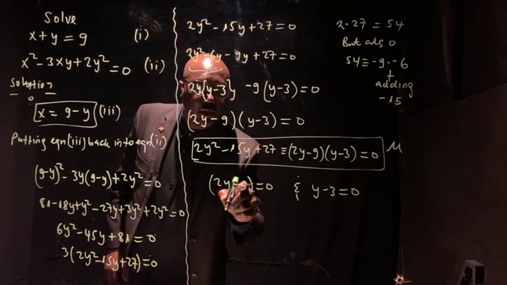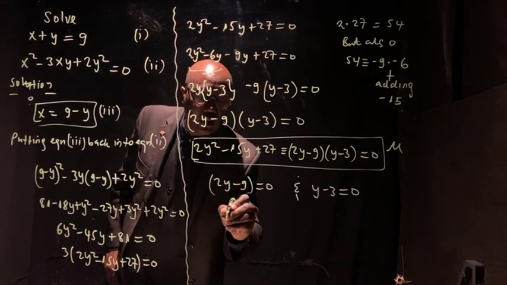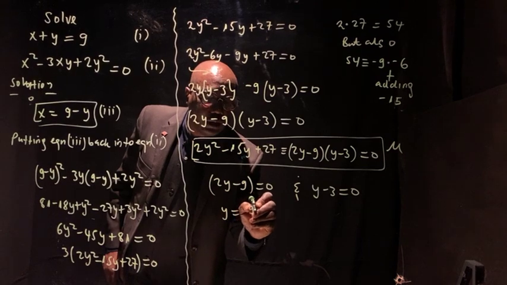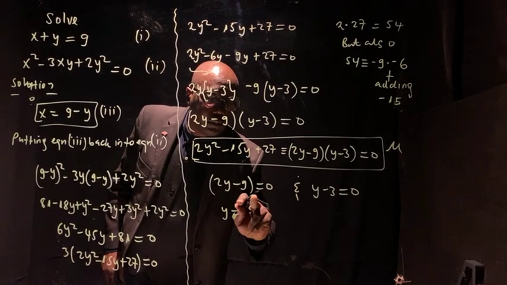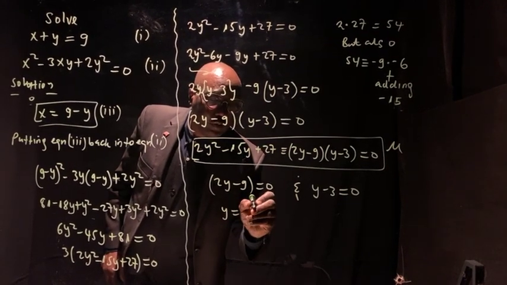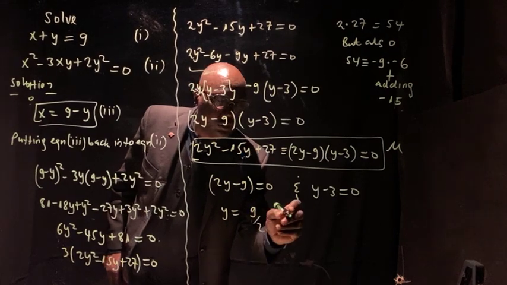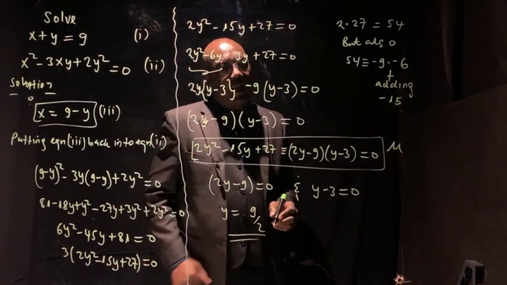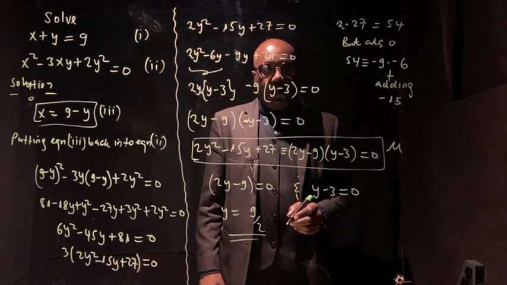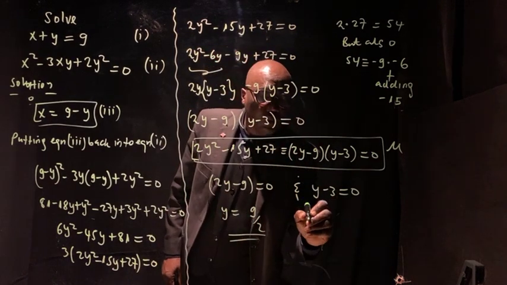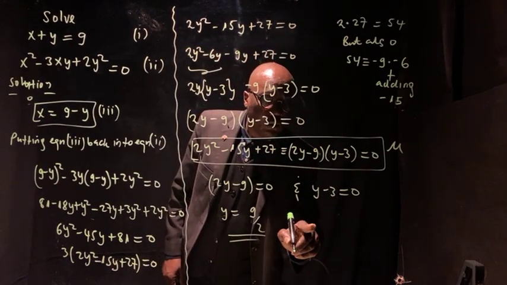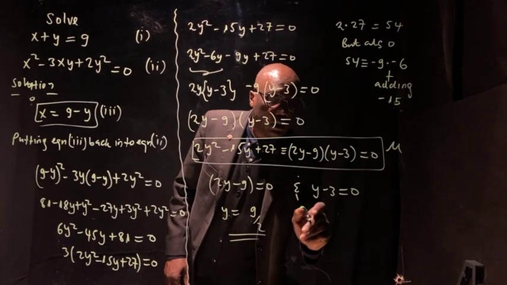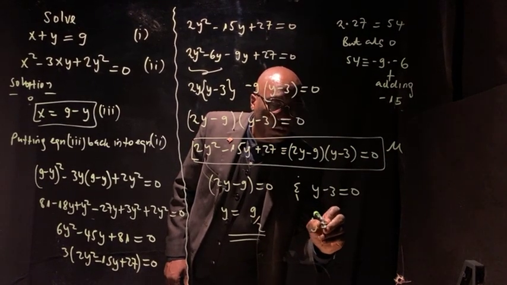When 2y minus 9 equals 0, then y is equal to 9 over 2. And when y minus 3 equals 0, then y equals 3.